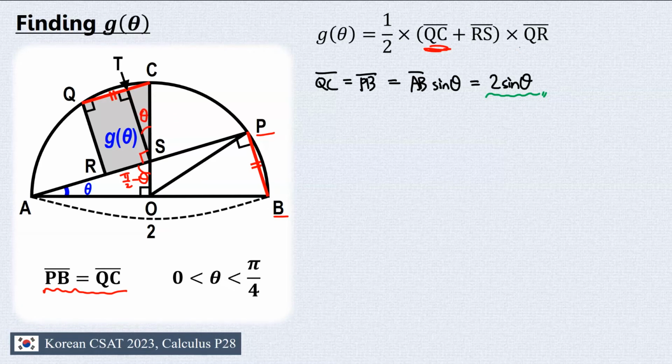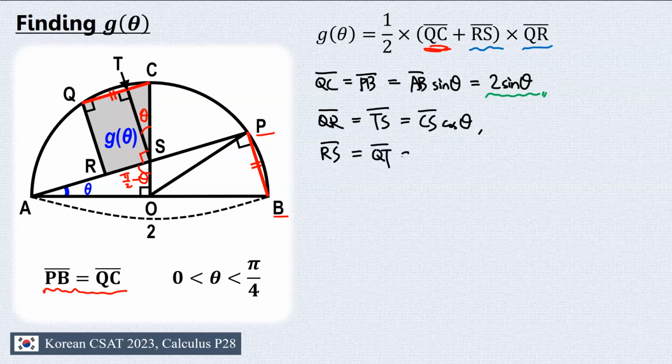So we know that length QR is equal to length TS, which is again CS cosine theta, and length RS is equal to length QT, which is QC minus TC, which is QC minus CS sine theta. We already know the length of QC, so we have to find the length of CS.